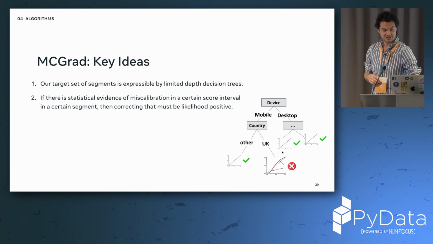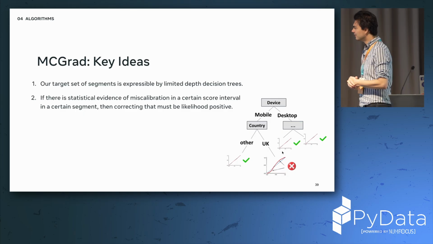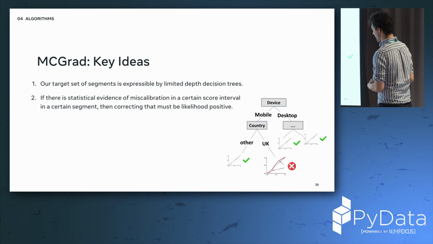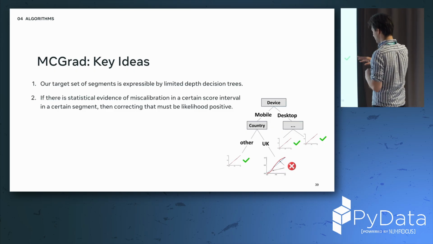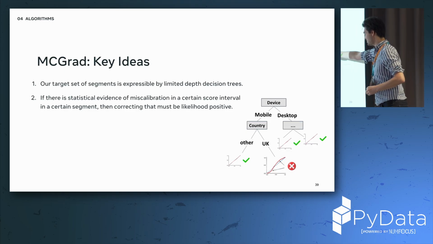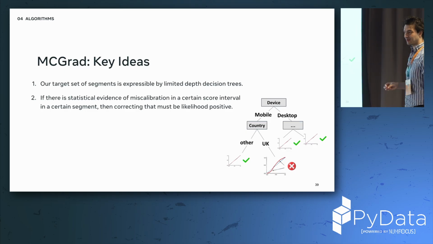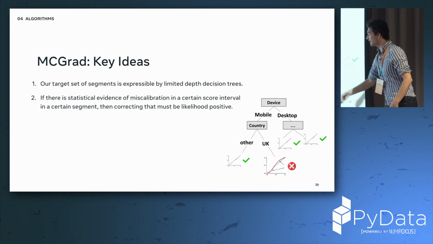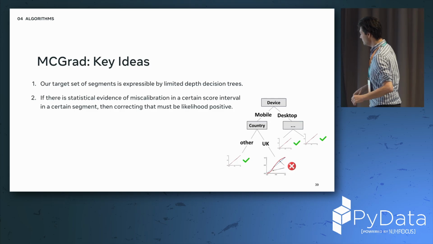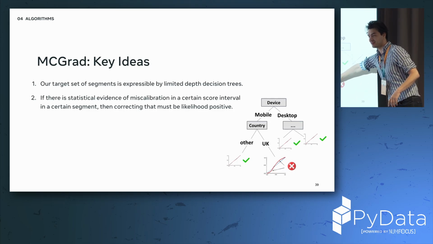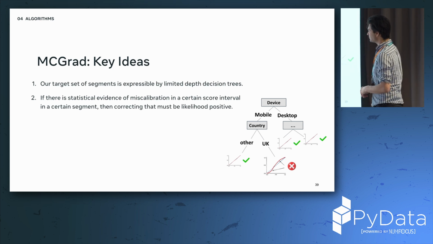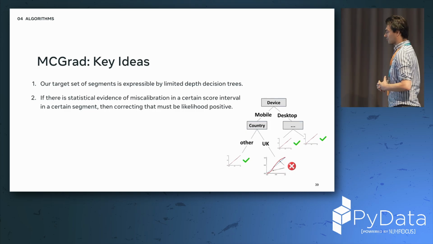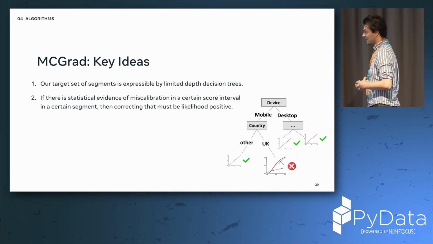The main idea is that if there exists an interval of predictions, in a particular subset of the data, for example mobile users in the UK, that is miscalibrated, then correcting that must be likelihood positive, right?